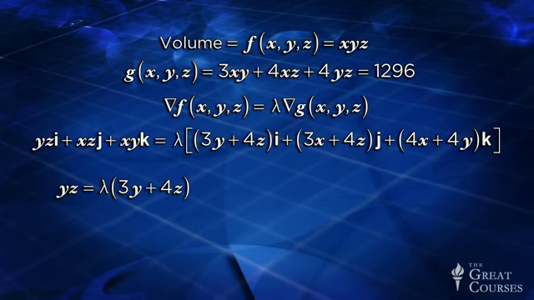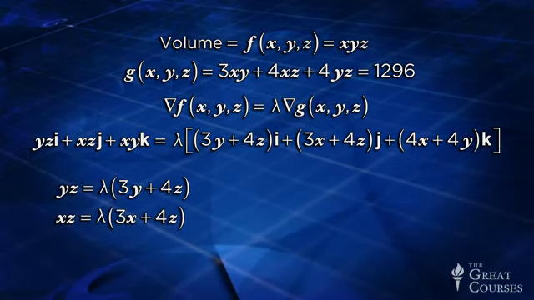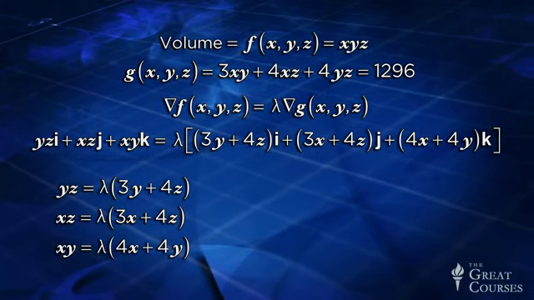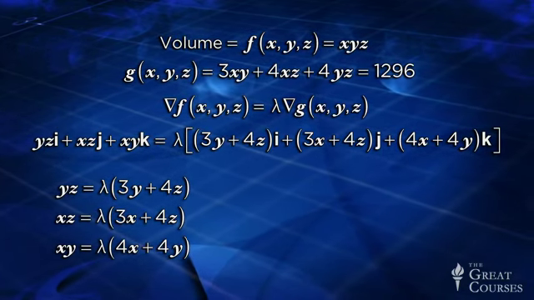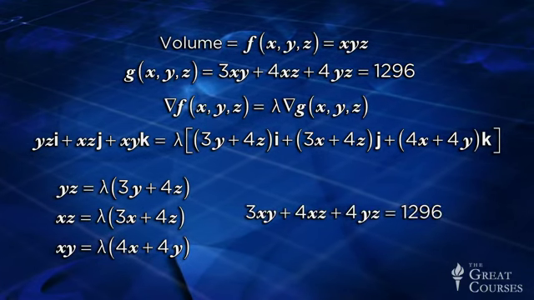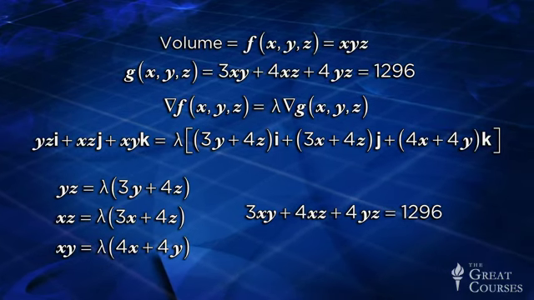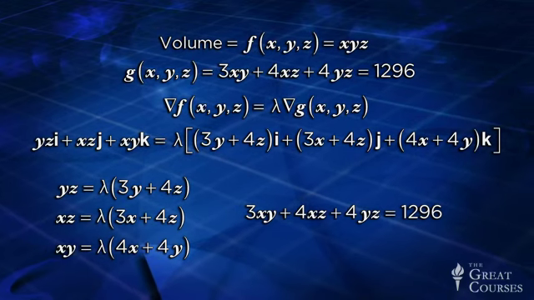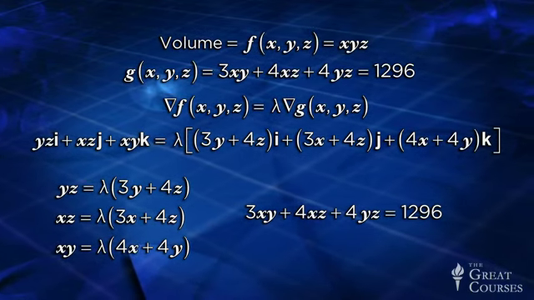And the j components, xz equals lambda times (3x plus 4z). And the k components, xy equals lambda times (4x plus 4y). And then you add to that the constraint equation, 3xy plus 4xz plus 4yz equals 1,296. All right, 4 equations, 4 unknowns. The unknowns are lambda, x, y, z.